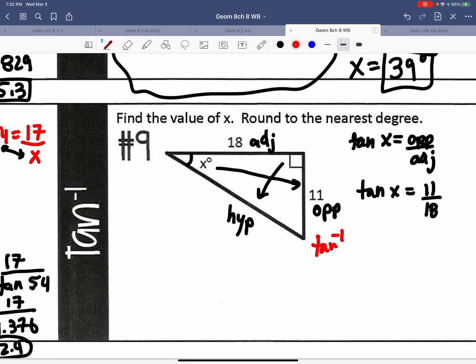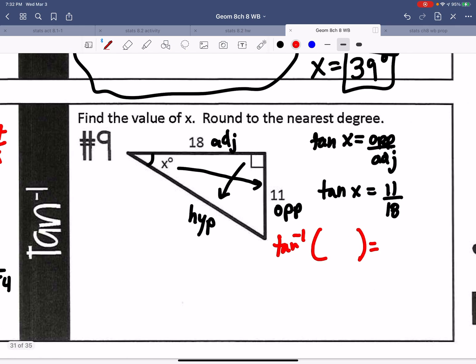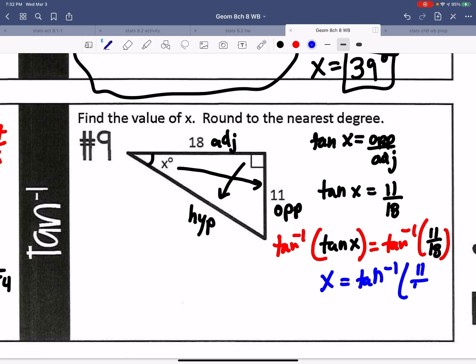Now, if I find the inverse tangent of both sides, on this side and this side, I notice I get x is the inverse tangent of 11 over 18. So I'm going to type in 11 divided by 18 equals, and then second tangent.